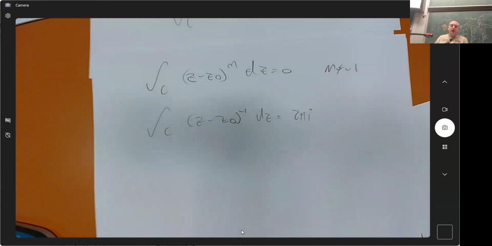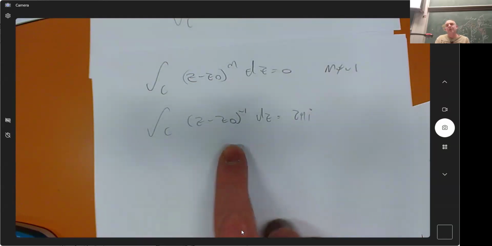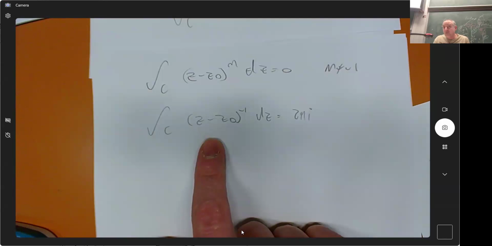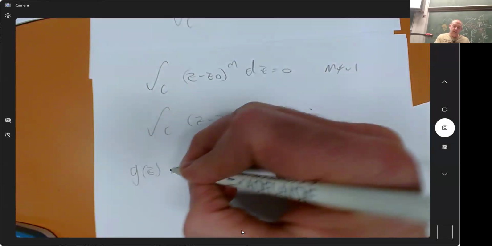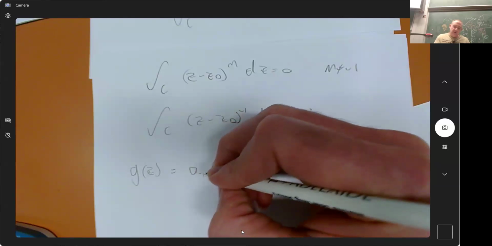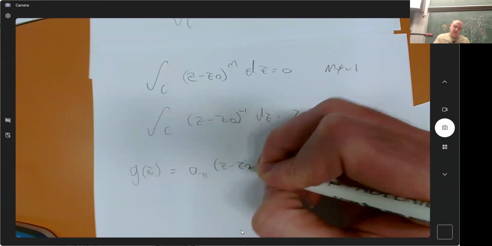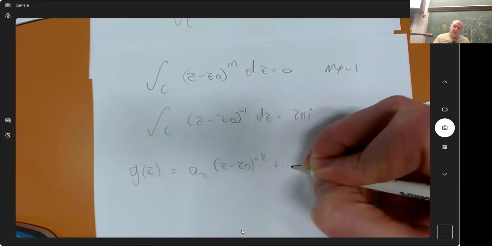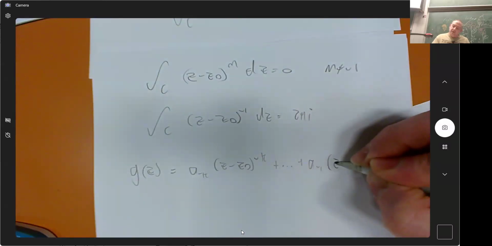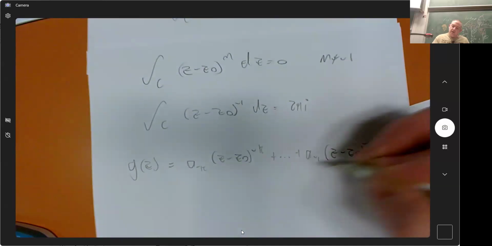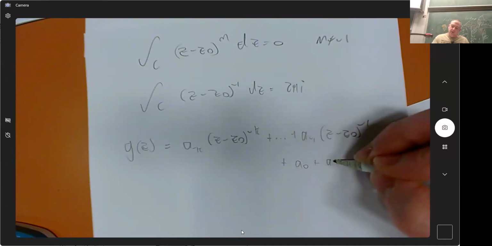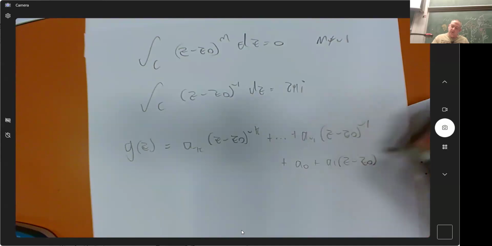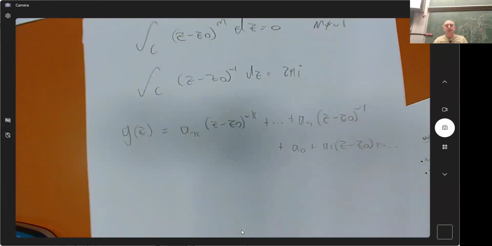Okay. And using this, if it does have a Laurent series, so if g of z is a minus k times z minus z naught to the minus k, plus and so on, plus a minus 1 times z minus z naught to the minus 1, plus a naught plus a1 times z minus z naught plus and so on.